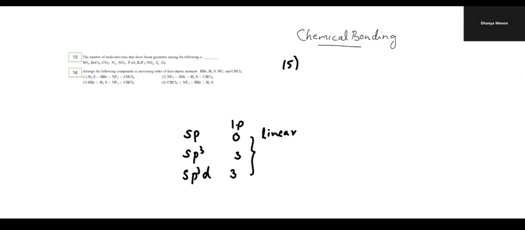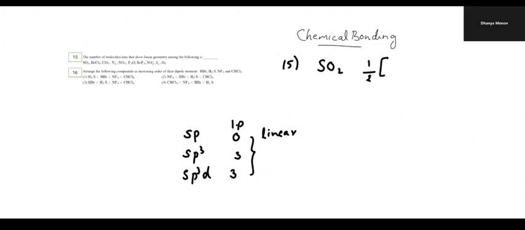Okay, so let's start with the first one. It is sulfur dioxide. Okay, in sulfur dioxide, finding out the Z value, the hybridization. We have done a lot of questions based on finding the hybridization in the part 1 video.